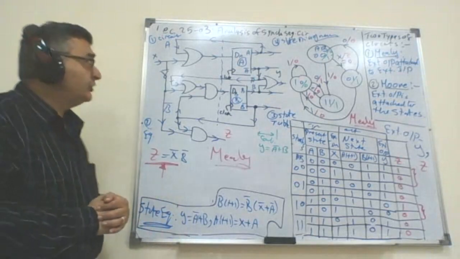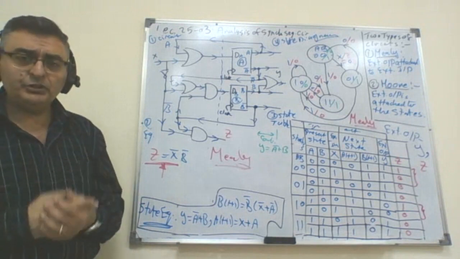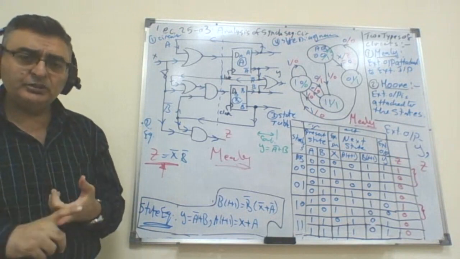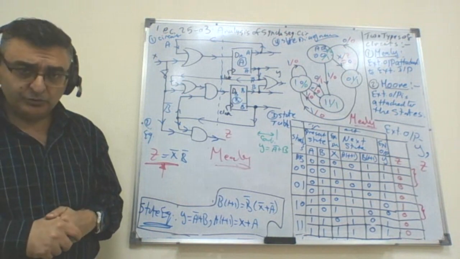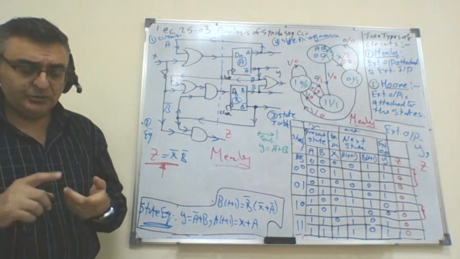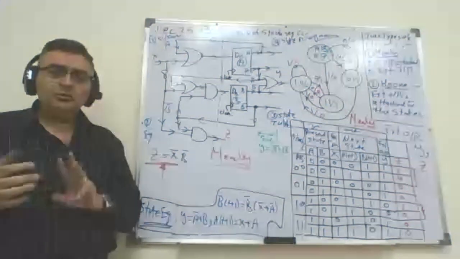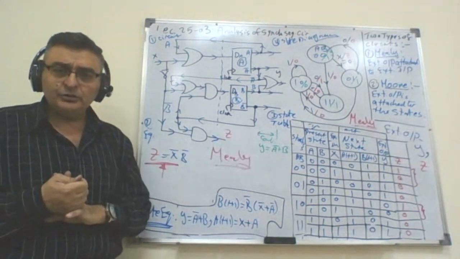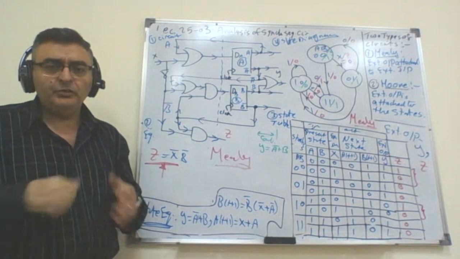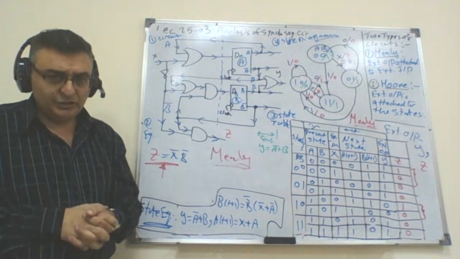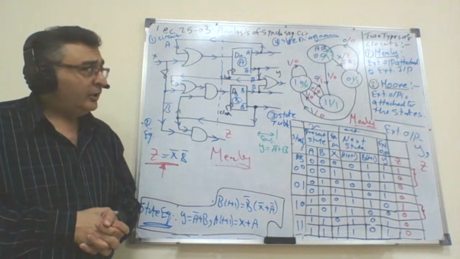In the next lecture, lecture number 26, we have two lectures for the design, 26 and 27, we will learn the design of synchronous sequential circuits. Then 28 for the counters, 29 for the registers, and the last lecture will be for the BCD representations. And we will finish the material.